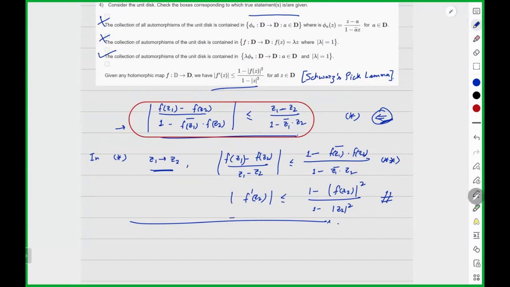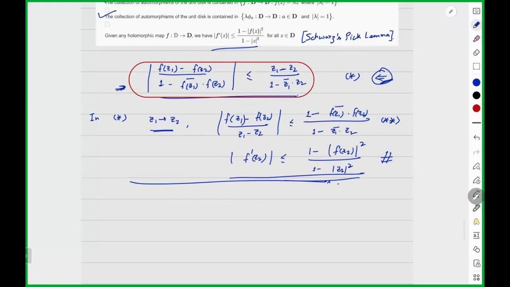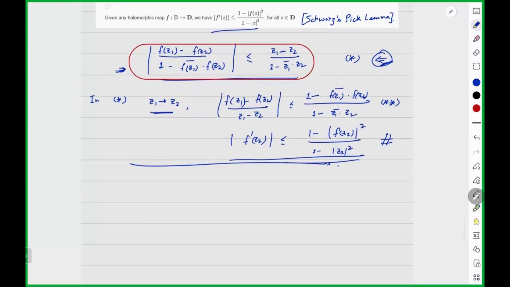We get this inequality at z2, and z2 is some general point. So we get the actual inequality. So we want to prove this inside the box thing. Okay, how to do that?